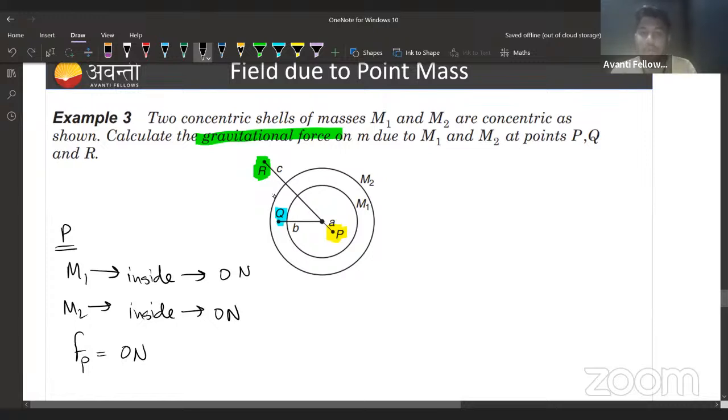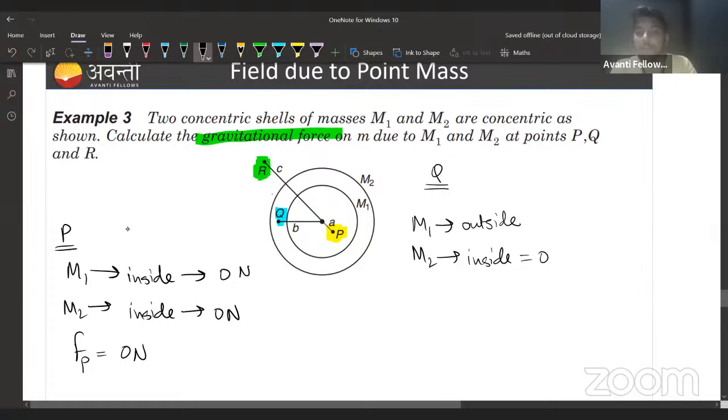Now, let's talk about point Q. For M1, this point lies outside this M1, right? See, this is M1 and Q lies outside it. For M2, it lies inside. So because of M2, the force will be equal to 0.